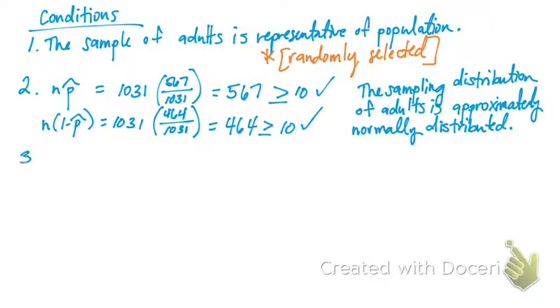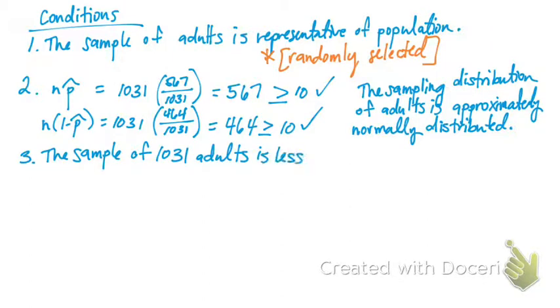The third one that you check is that the sample of 1031 adults is less than 10% of the population. So in this case, the population is the world.